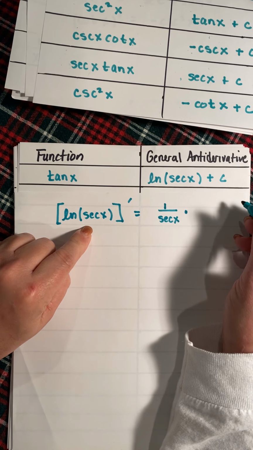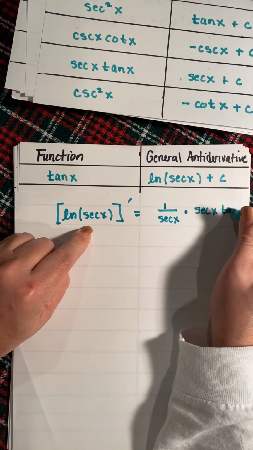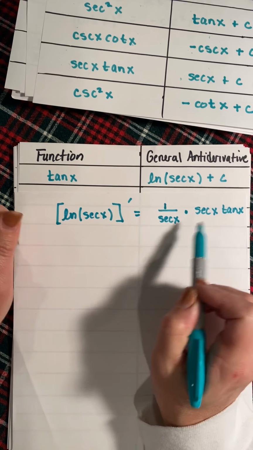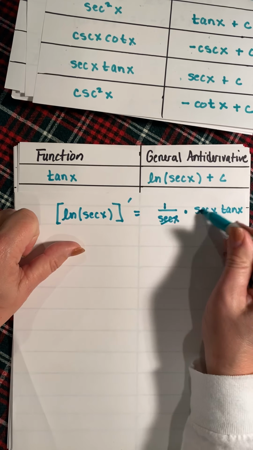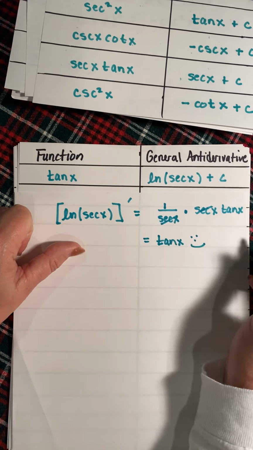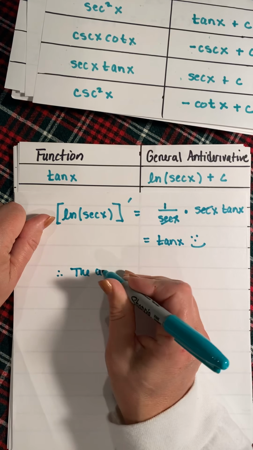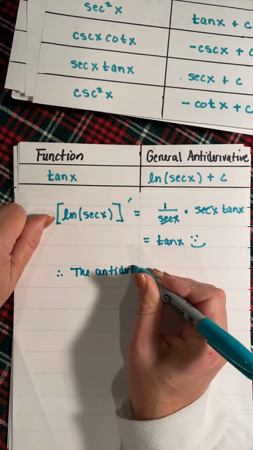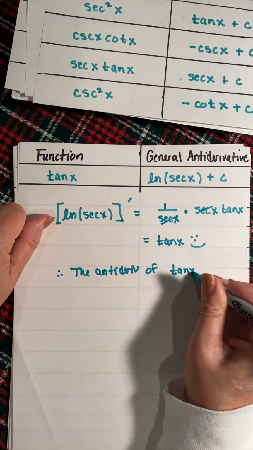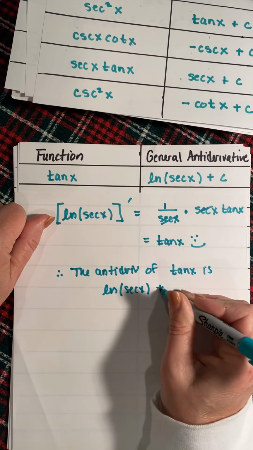And the derivative of the secant is the secant tangent. So the chain rule says when we take the derivative of the natural log, it's 1 over what's inside times the derivative of what's inside. These cancel, and you just get the tangent. So therefore, the antiderivative of the tangent of x is the natural log of the secant of x, plus any constant.